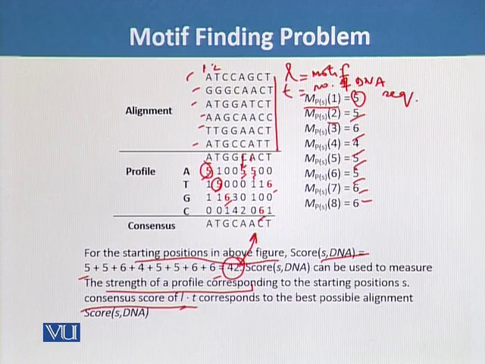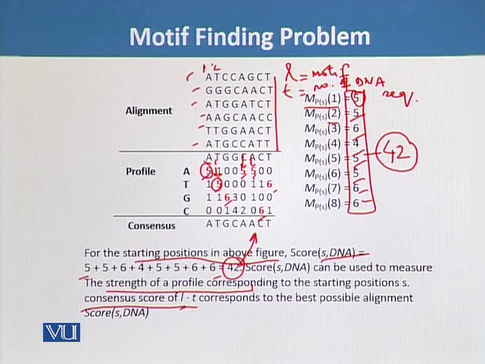So we have calculated the best possible alignment score, and this score is 42. If we calculate the other possibilities of this alignment, we will get a score less than 42. So a score higher than 42 is not possible within this alignment. So this is the maximum score of this alignment.